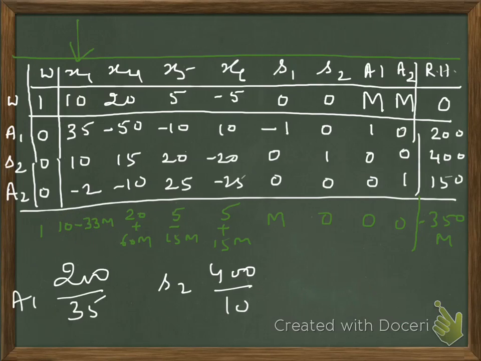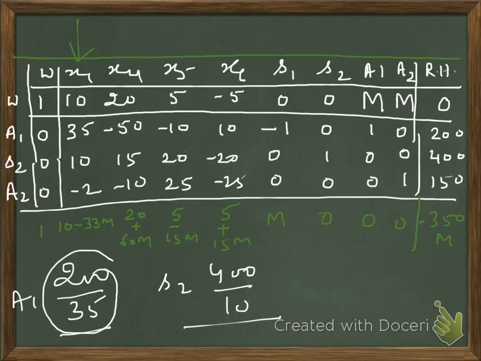So we take only the pivot column values which are positive. So we divide 200 by 35 and 400 by 10, and we take the minimum of the two quotients, and as you can see the minimum will be this one.